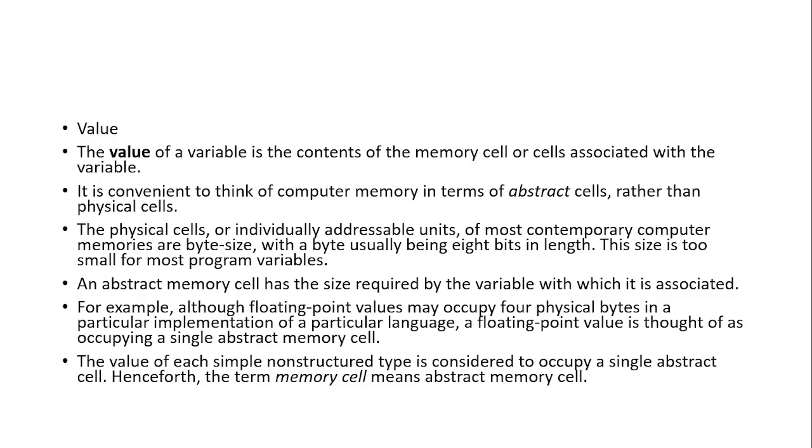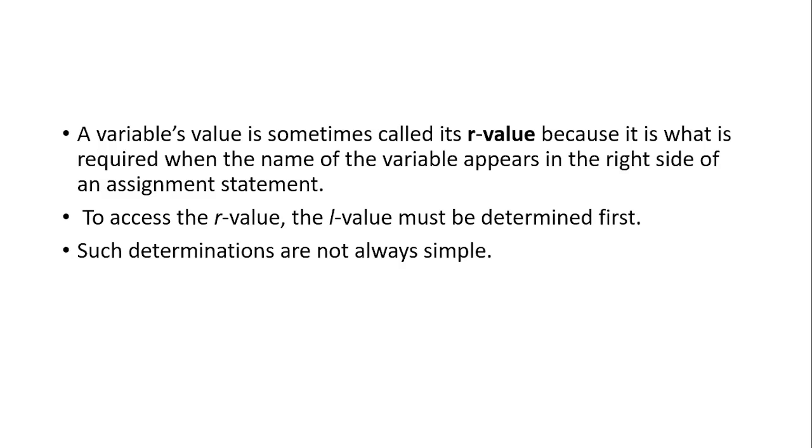A variable's value is sometimes called its R value. Okay, address is L value. The value is called the R value because it is what is required when the name of the variable appears in the right side of an assignment statement. So to access the R value, the L value must be defined first.